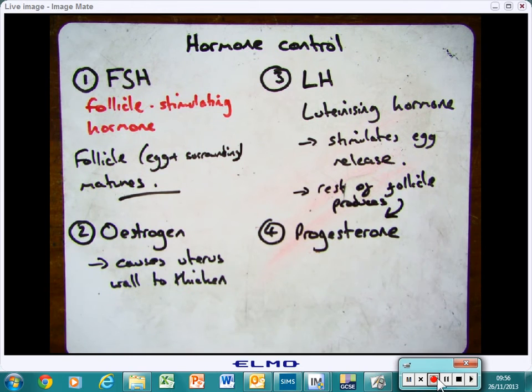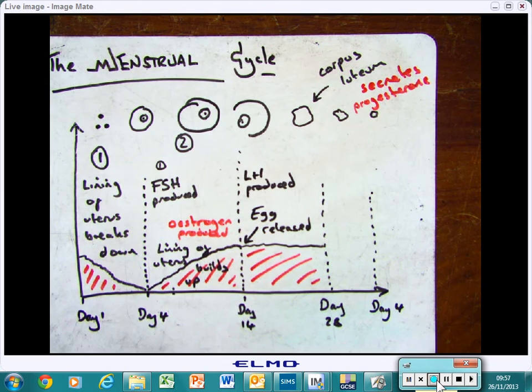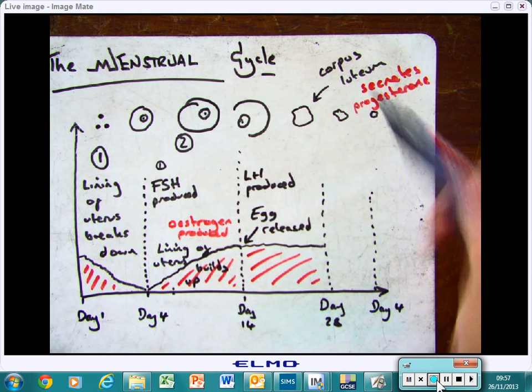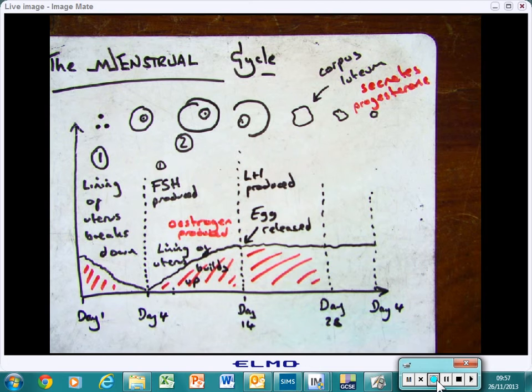Now this progesterone, which is released from the follicle, which is called a corpus luteum, helps to maintain the lining of the uterus. Now if the egg becomes fertilized, that will stay there until the baby is born. However, if not, it will then break down and the cycle will repeat.